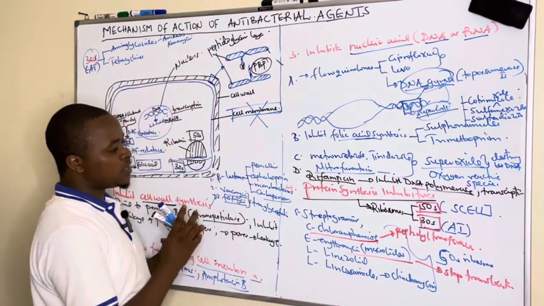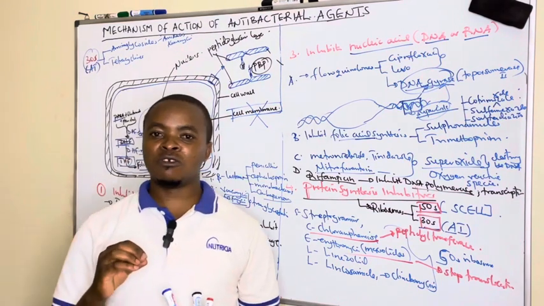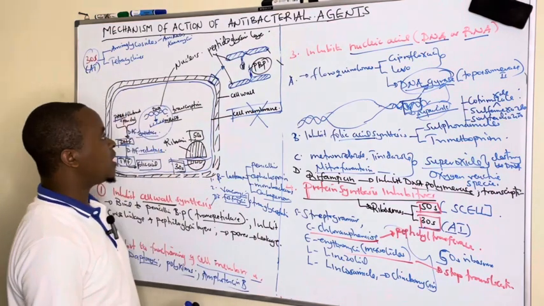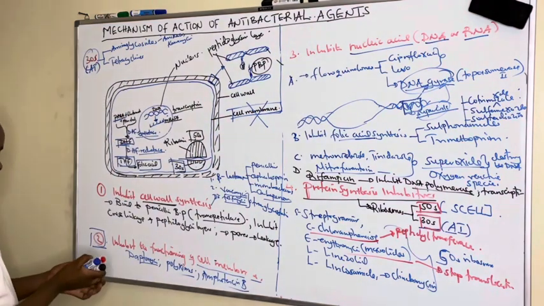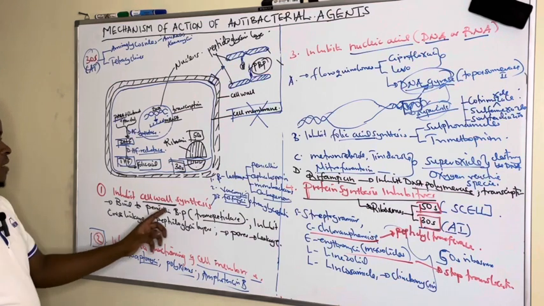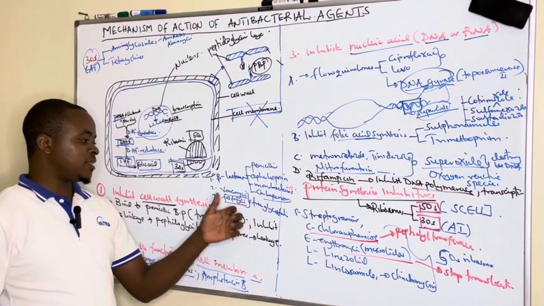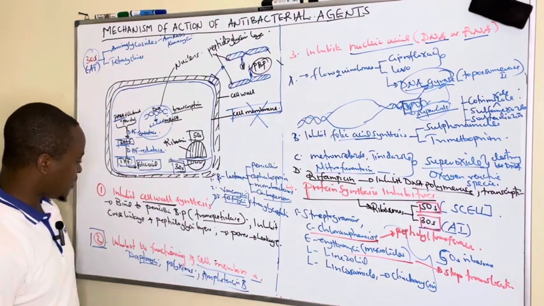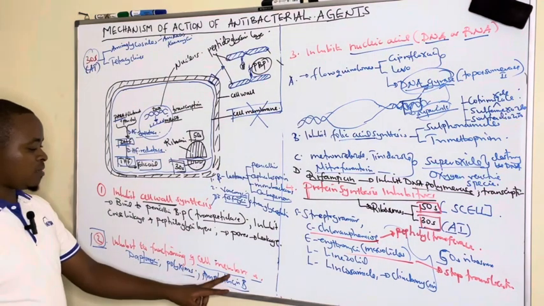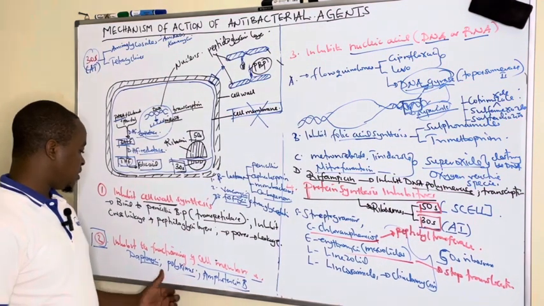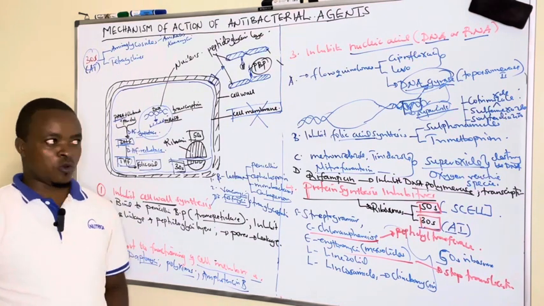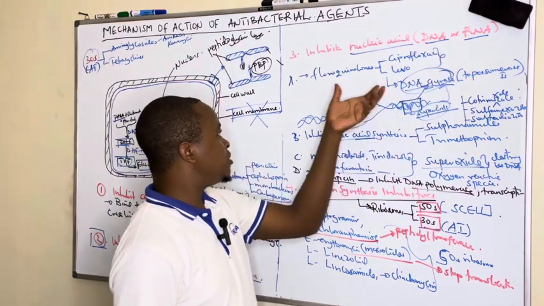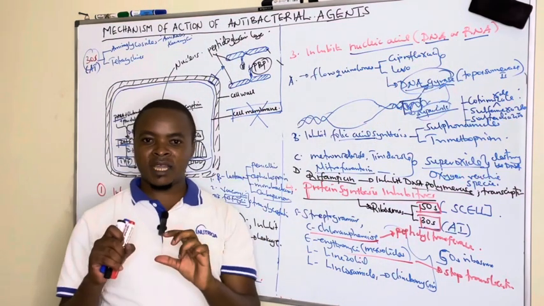So these are the 4 mechanisms of action of antimicrobial agents, especially antibacterial agents, where we have seen in recap those that inhibit cell wall synthesis, that is beta-lactams, vancomycin and fosfomycin. We have seen those that inhibit the functioning of the cell membrane, including polymyxin and amphotericin B, which is an antifungal. Then number 3, we have looked at nucleic acid synthesis inhibitors, which we have subdivided according to their mechanism of action.